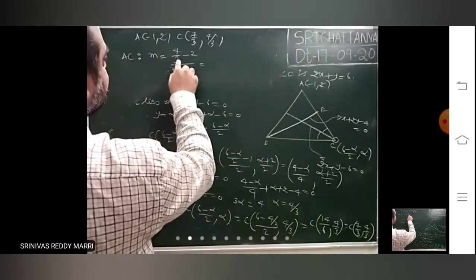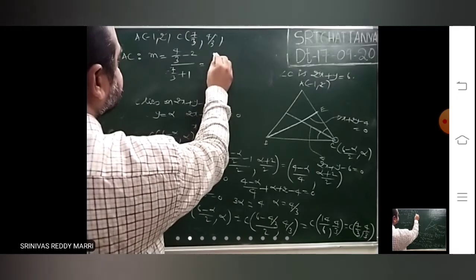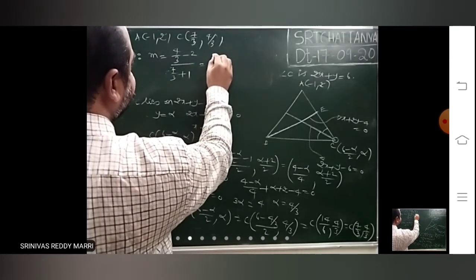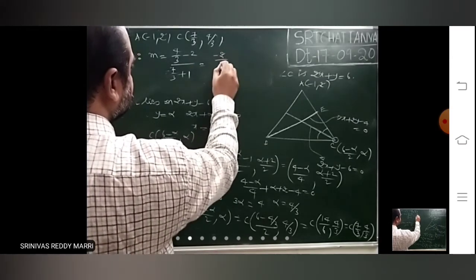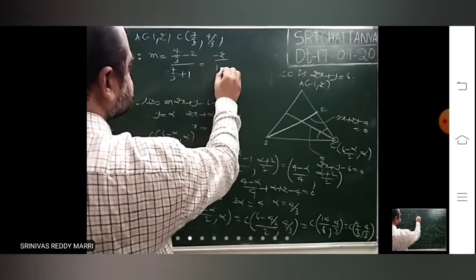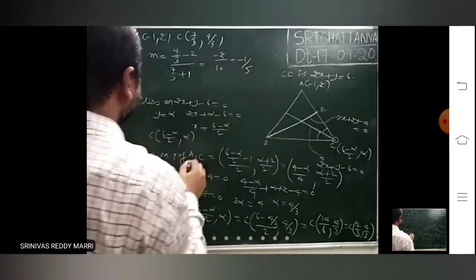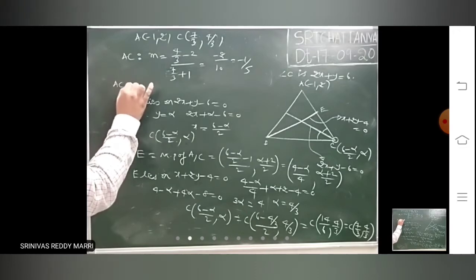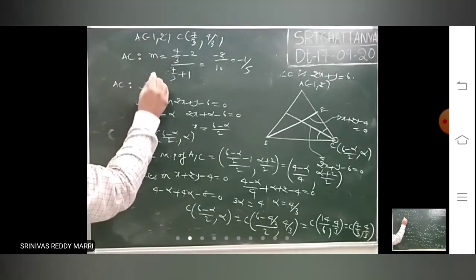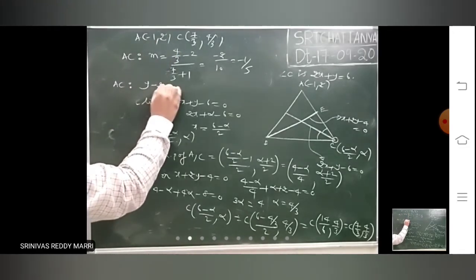So that means, if you take the LCM, you will get (minus 6 plus 4 minus 2) divided by (7 plus 3), that is minus 10 by 10, which is minus 1 by 5. So the AC equation is nothing but passing through this point.